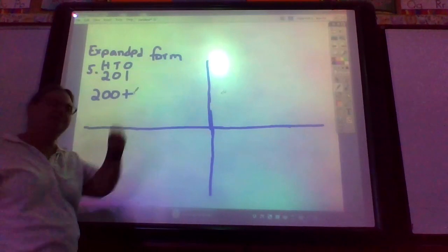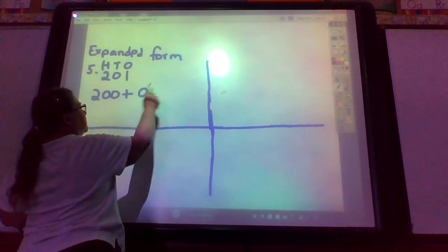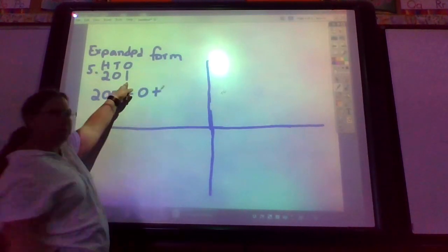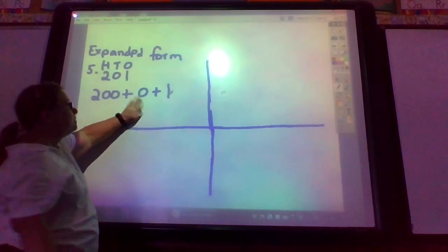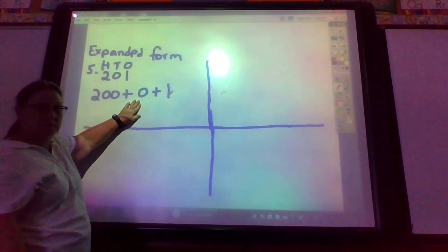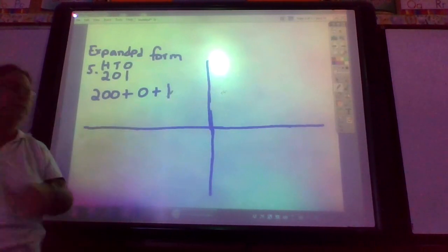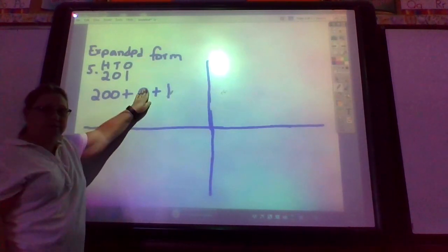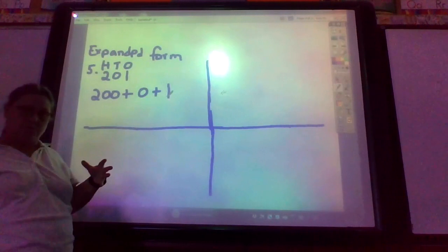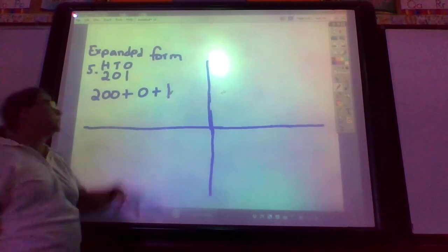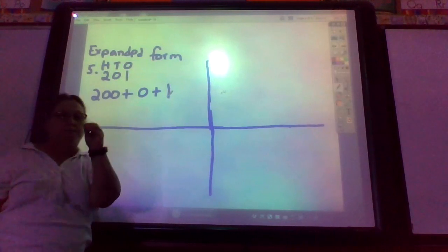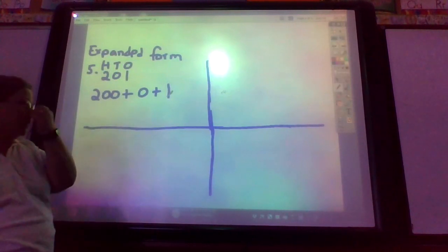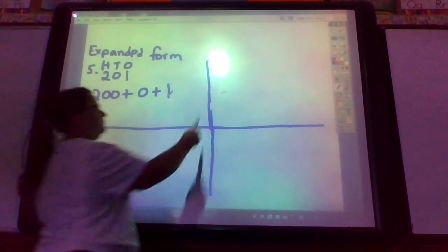I don't have any tens. 0 plus, how many ones? 1. I still put my 0 in there. Some people teach it where you don't need to put your 0 in there. You really don't, but for you guys, you need to put that 0. It's holding a place value, and I want to see those zeros in there.